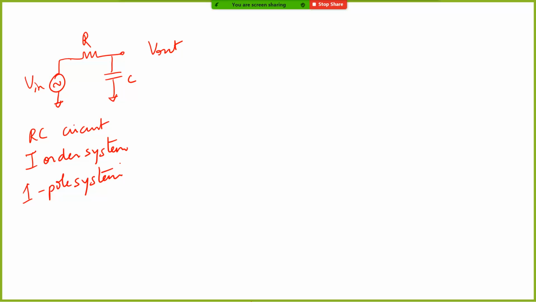You can do a simple thought experiment. If you send DC here, if V in is DC, this is where analog network analysis, the frequency and time domain, everything comes into the same picture. So if V in is DC, what happens? The capacitive impedance is infinite.